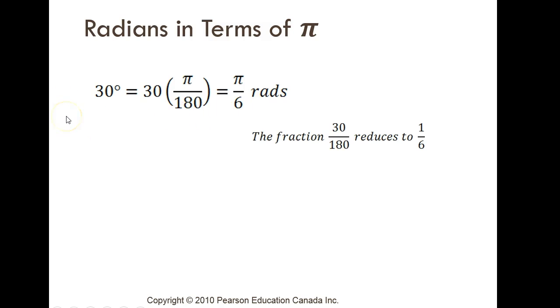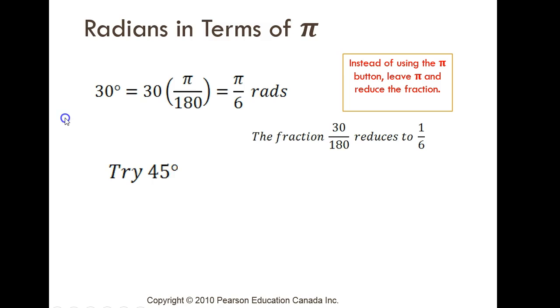So here's something you can do. Following the same pattern, try to change 45 degrees into radians in terms of pi. Pause the video and jot this down on a piece of paper. Okay, so now that you've had a chance to try it, this is what comes out. You might have written down 1 pi over 4, and that's fine, or 1/4 times pi, that's also fine.